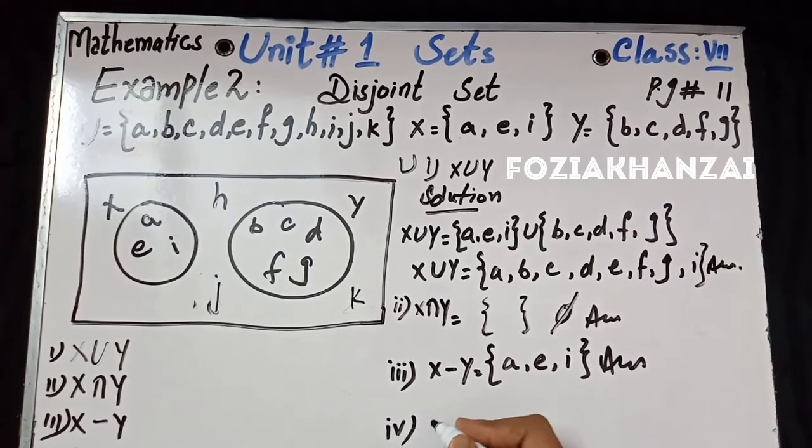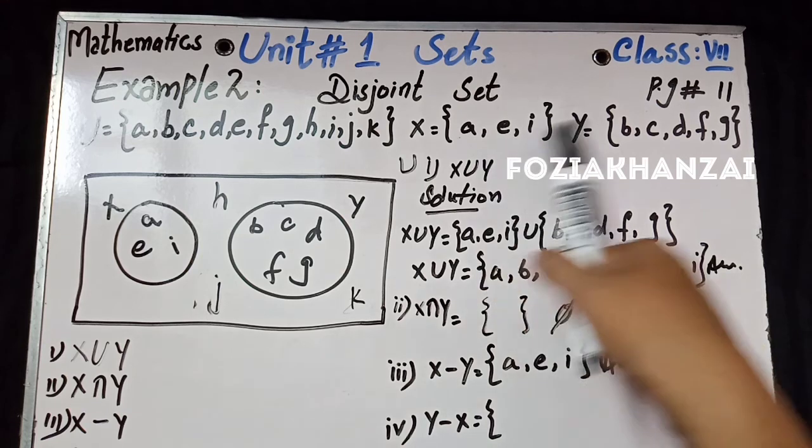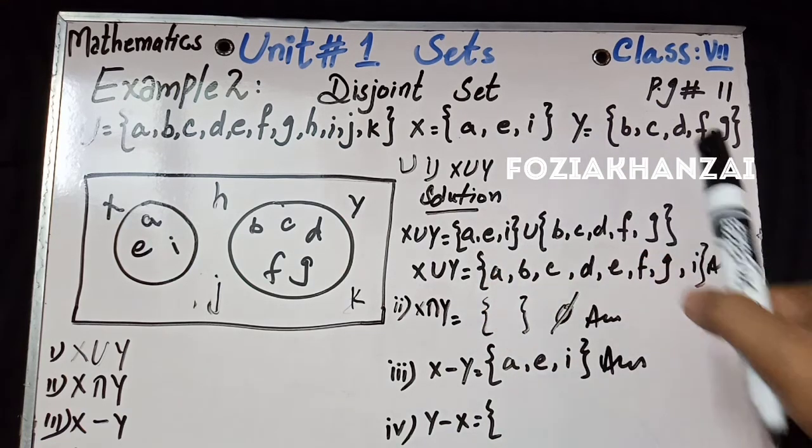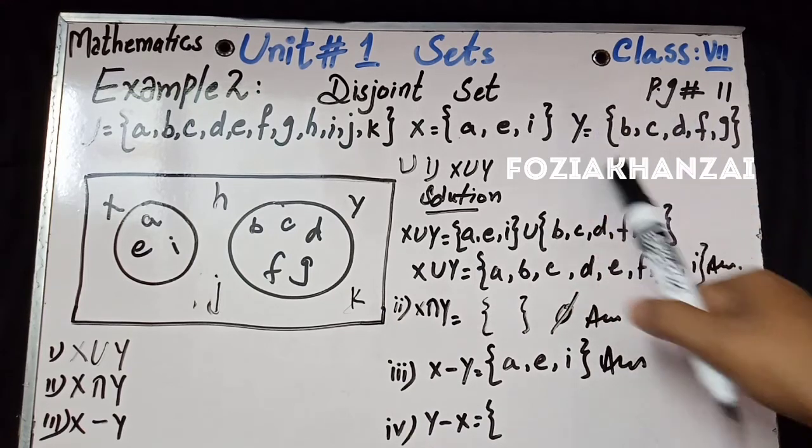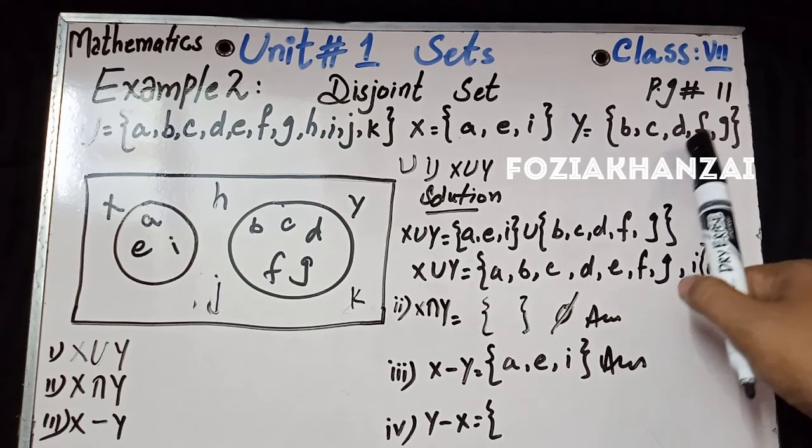Fourth part, Y difference X. First copy elements of set Y, then copy elements of set X. Cut the same elements, the remaining elements of set Y, but there is no common element, that's why no need to cut. The remaining elements, it means all elements, we write in the answer.